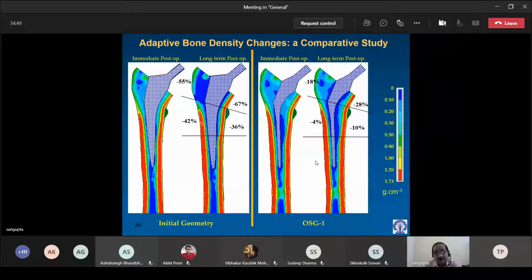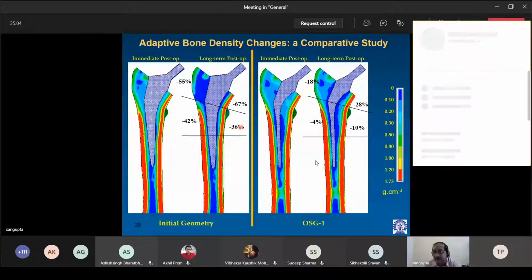Then minus 42% as we go down towards the diaphysis of the femur, this is on the lateral side, and minus 36%, again bone resorption on the medial side.